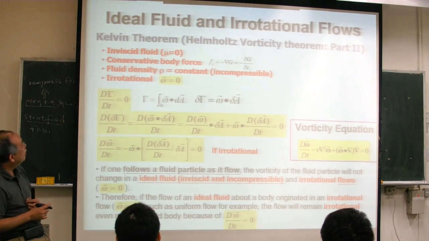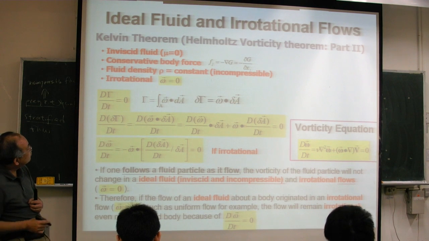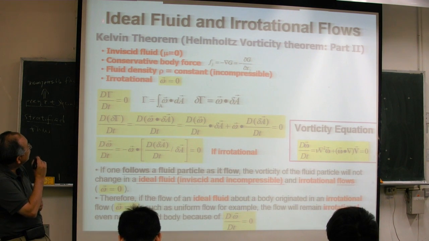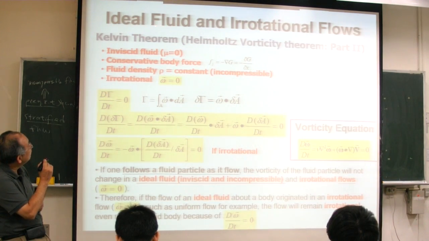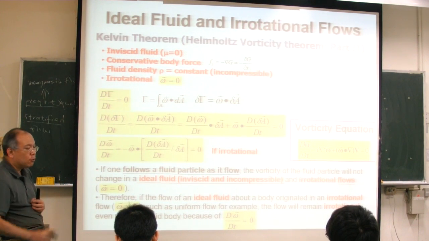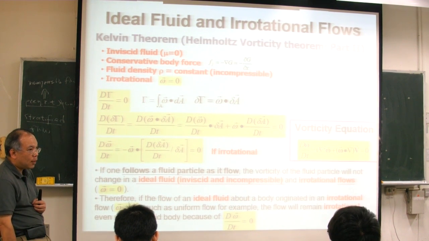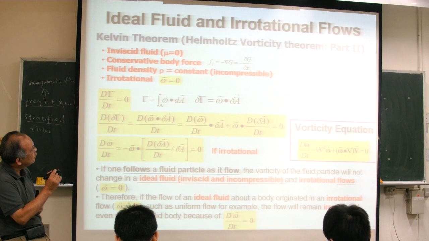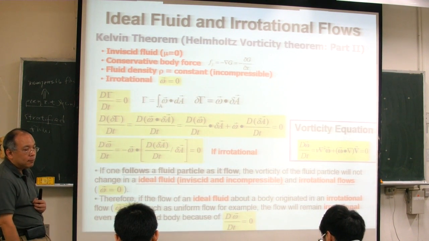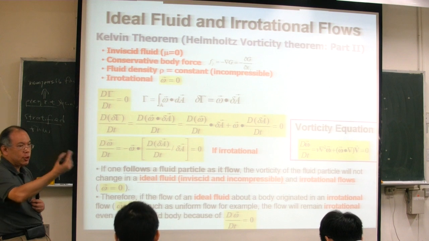Okay, so here we just mentioned ideal fluid. What happens if we have an ideal fluid and also an irrotational flow? That's more constraint, right? The additional constraint is irrotational flow. Irrotational flow means there is no vorticity.